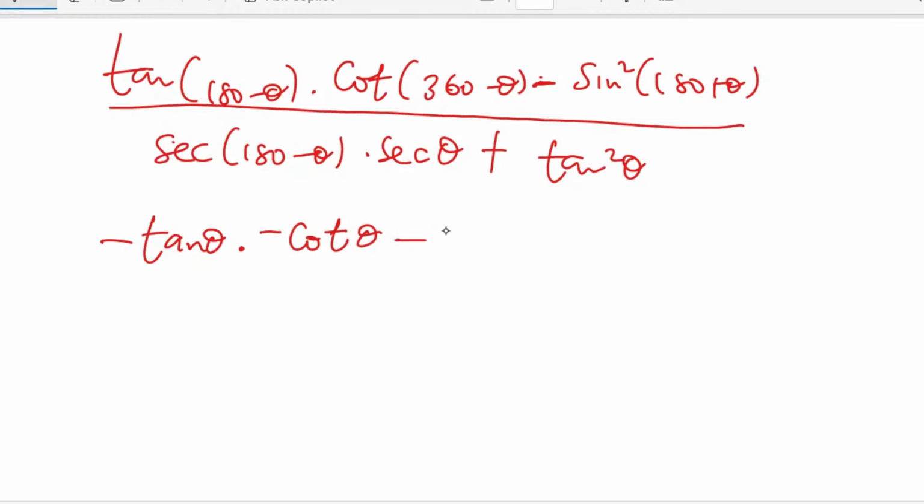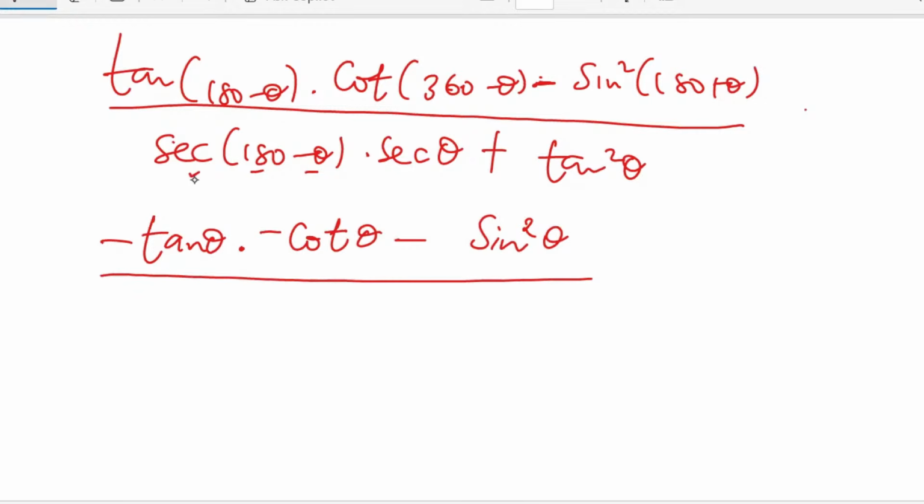Then we are subtracting sine squared 180 plus. In this case, 180 is in the third quadrant. The sign is going to be negative, but since you're squaring, it will remain as a positive. We are dividing by 180 minus, which is in the second quadrant.